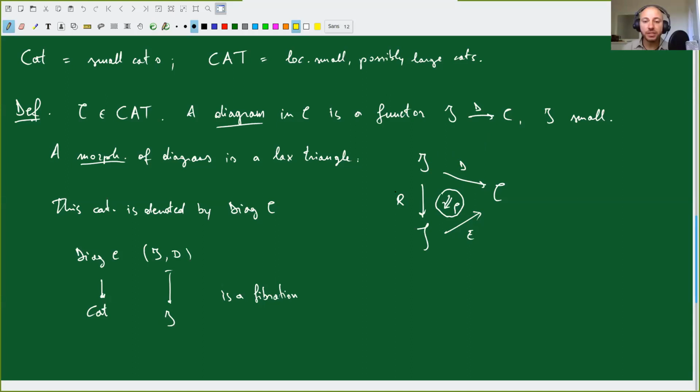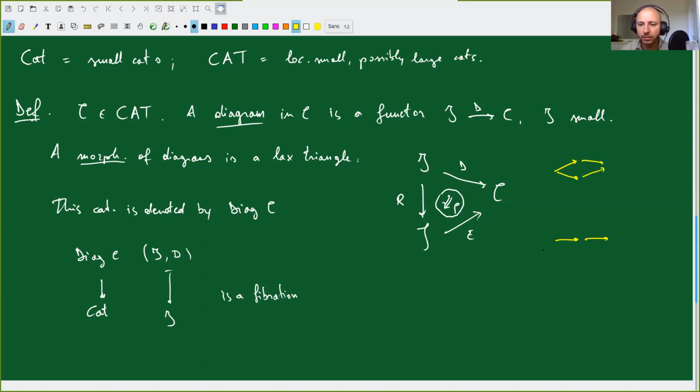So yeah, let me just point out here that this construction of morphisms of diagrams is not so different from the usual one. Especially, it's kind of the same in the case that R is essentially surjective. So if there's a diagram here, this is D, and J may be a category that looks like this.